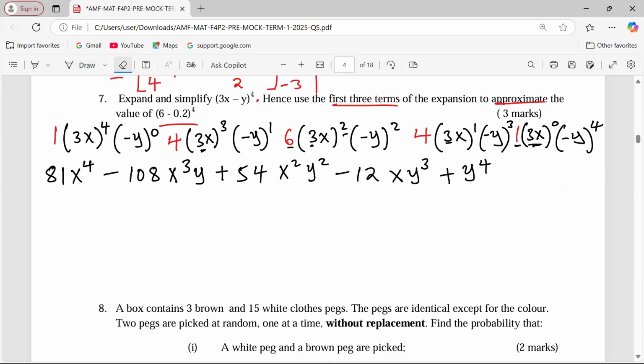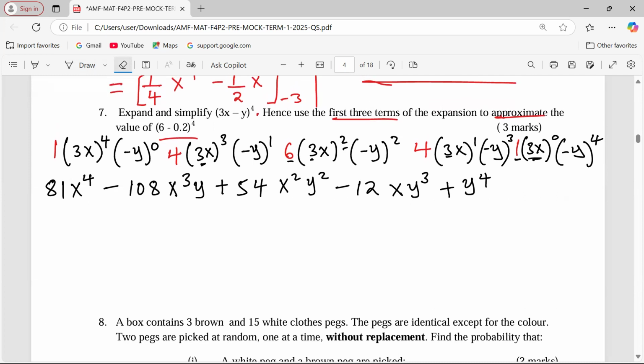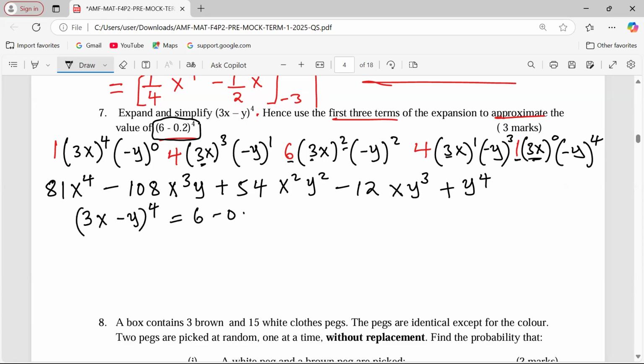Now we have expanded. After this expansion, we are to use the first three terms to determine the value of this. So we will say (3x − y)^4 is the same as (6 − 0.2)^4. And because the power is the same, we can equate the bases. 3x − y is equivalent to 6 − 0.2.